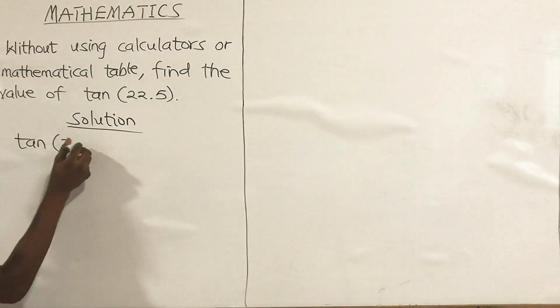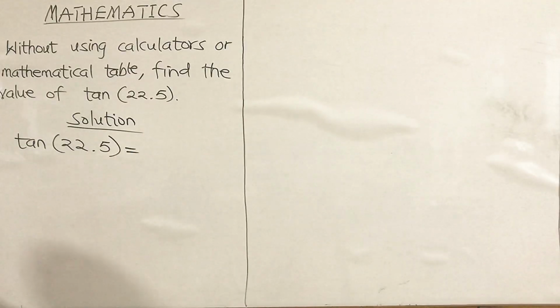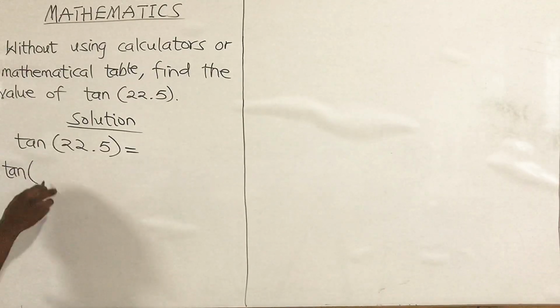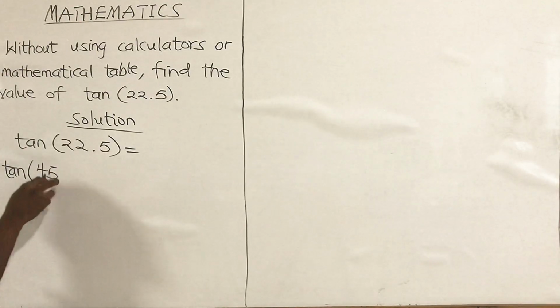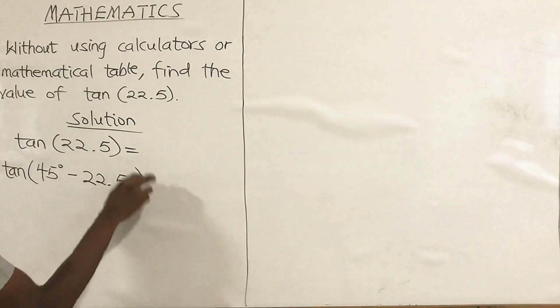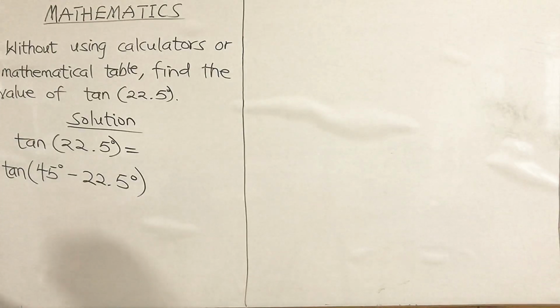Tan 22.5. We can express tan 22.5 as tan of 45 degrees minus 22.5 degrees. So this is in degrees because it's an angle.